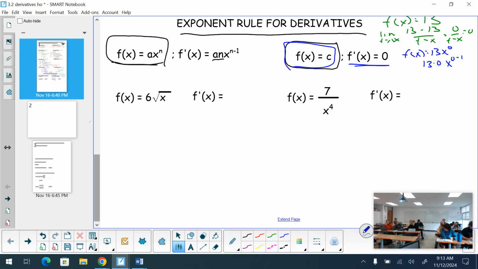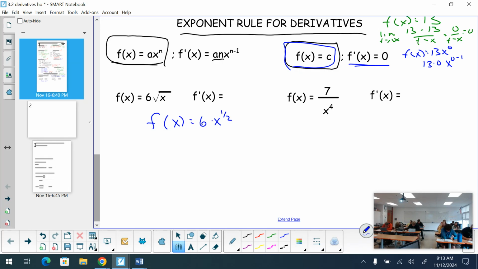How can we rewrite square root of x as an exponent? 6x to the 1/2. So my function turns into 6 times x to the 1/2 power. So we had to put it in a form that we can work with. Now we can use our exponent rule.